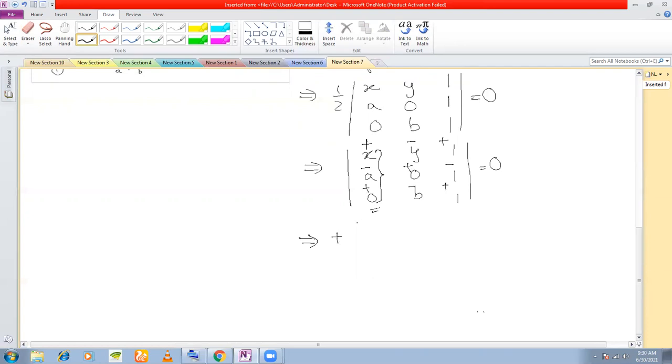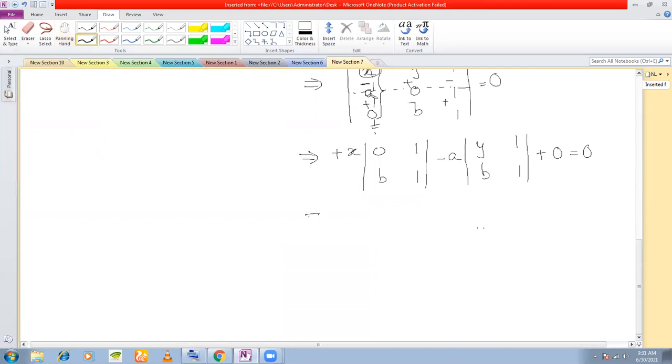So first a plus sign, and then the element x. What is the minor of this element? Delete the corresponding row and the corresponding column. You get 0, 1, b, 1. Next, you have an a here with a minus sign, so you give a minus a. And what should be the minor here? You cancel out this row and this column, so you get y, 1, b, 1, and this 0 will mean the third element is equal to 0.